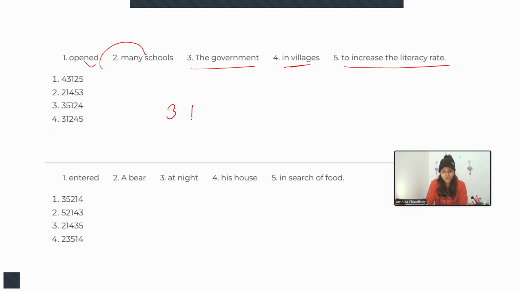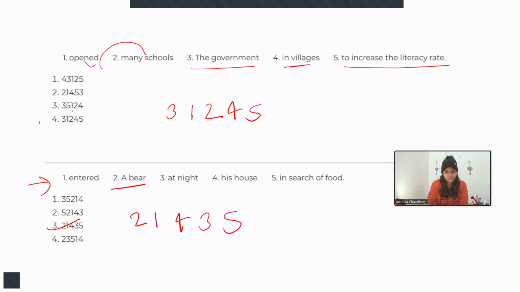Then moving next, entered a bear at night his house in search of food. So a bear entered his house at night in search of food. So the correct answer would be 21435, option number 3. And here 31245, option number 4. I hope it is clear to you.